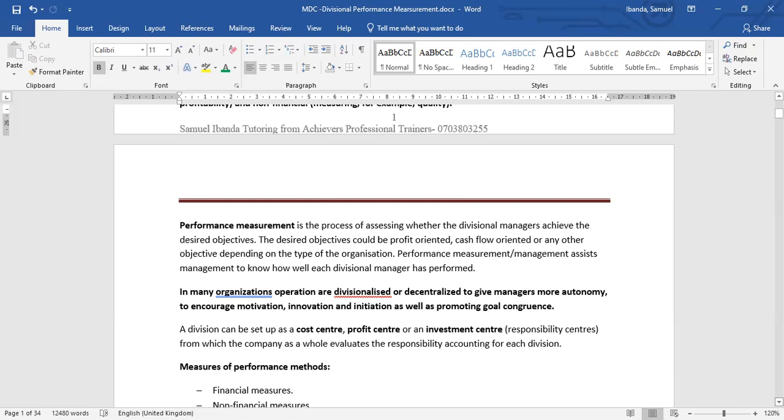So of course, the reason why we are bringing in the responsibility centers at a point like this is because once we are doing the evaluation, you can't evaluate a branch that you're considering to be a cost center, meaning you're only looking at costs, but then you're evaluating them on revenue, okay? So you should basically know: is this a revenue center? Is this a cost center?